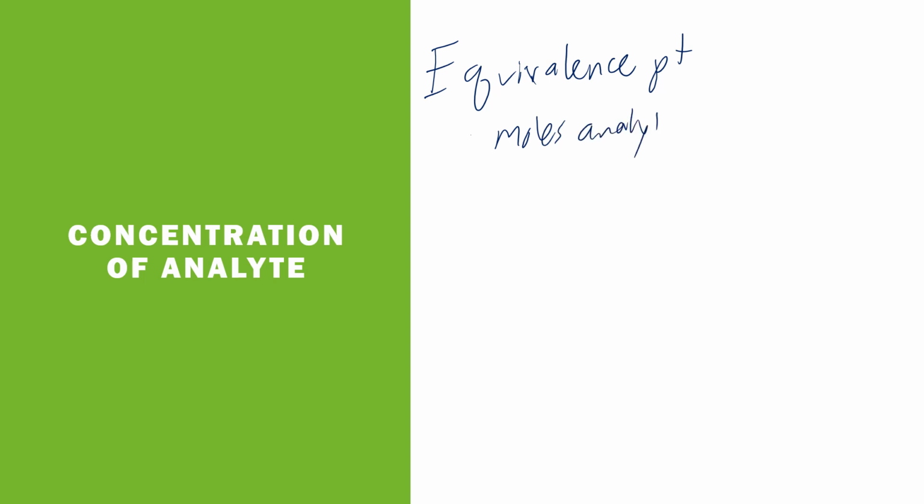Now, one of the most important purposes of a titration is to figure out the concentration of an unknown solution, which we call our analyte. You're looking for the equivalence point. And that's where the moles of the analyte is equal to the moles of the titrant stoichiometrically.